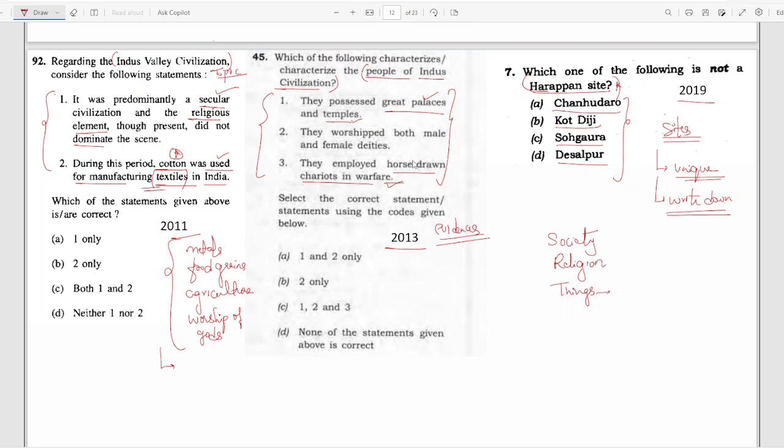So this is horse-drawn, this is cattle, the religion part, the society, whether there were temples, right, and whether the society was a secular civilization. So these are the important things that they can ask, and which of the following is a Harappan site, and in any of the sites, if there is anything which is very special, that automatically becomes important.